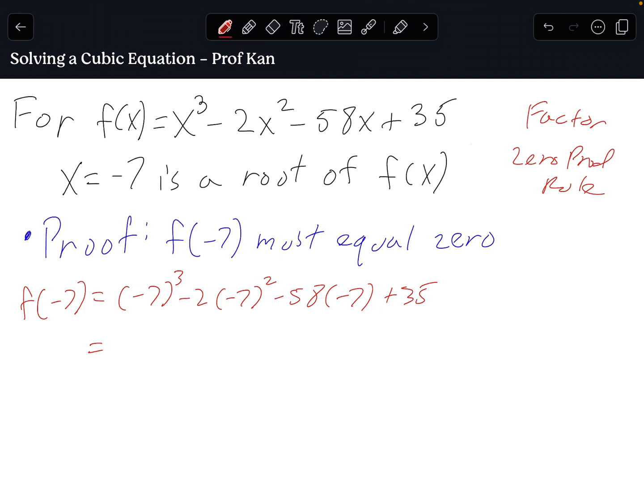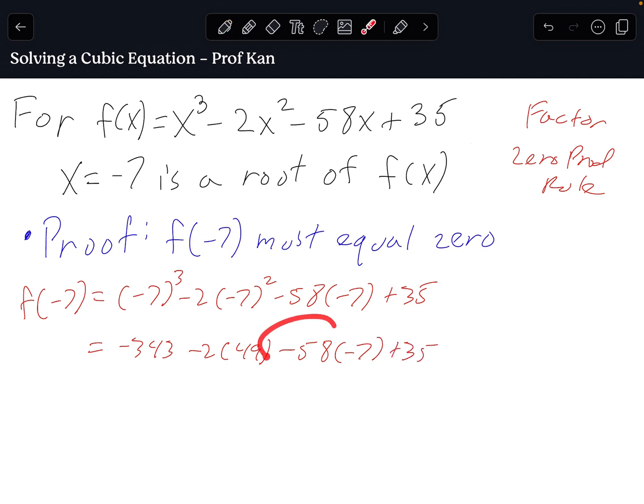Evaluating this using grouping, then exponents, -343 is the result of -7 to the third power, minus 2 times 49, minus 58 times -7 plus 35. These remain untouched because we did not do anything with it yet. We will get to it later on. But we did exponents first because that's what's supposed to come first.